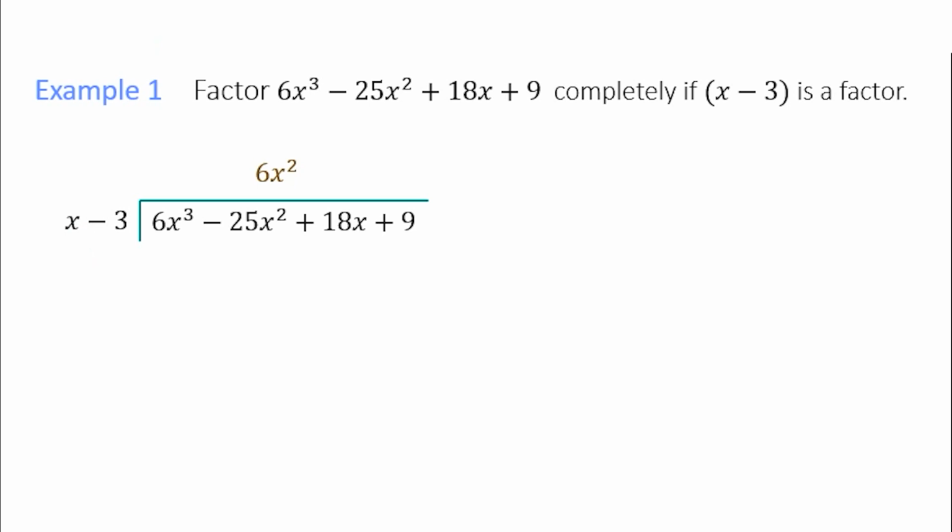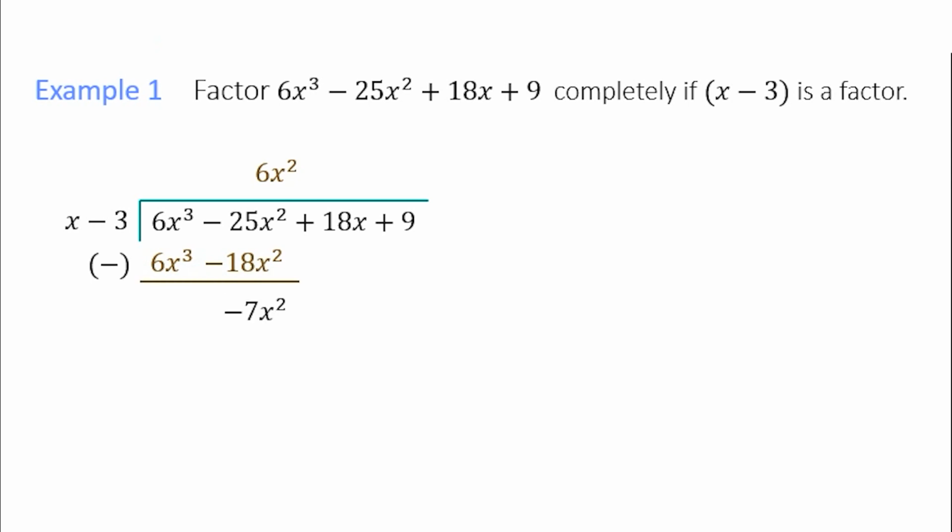If I multiply by x, then I will get 6x cubed. If I multiply by -3, then I will get -18x squared. My next step is to subtract these first two terms of the polynomial minus these two terms which were written with blue.